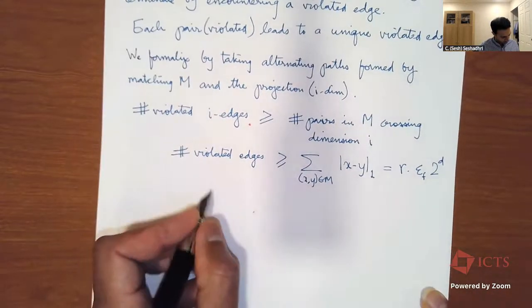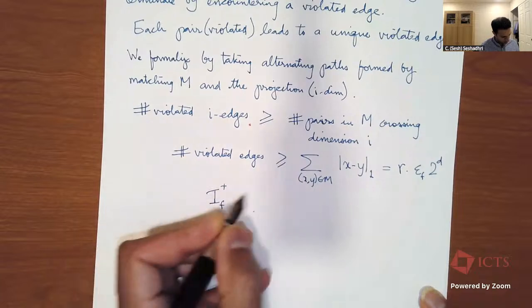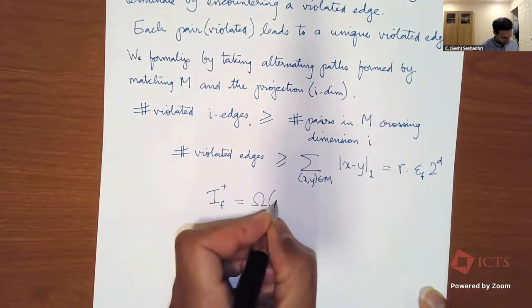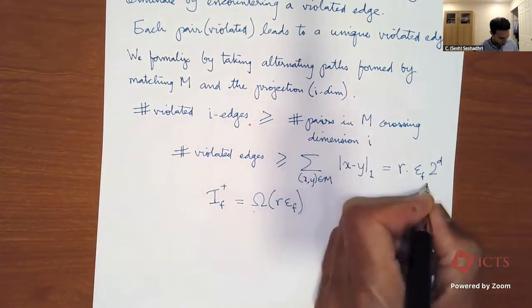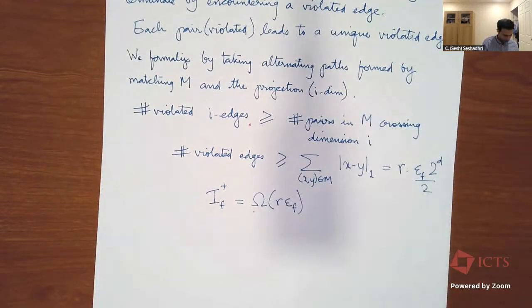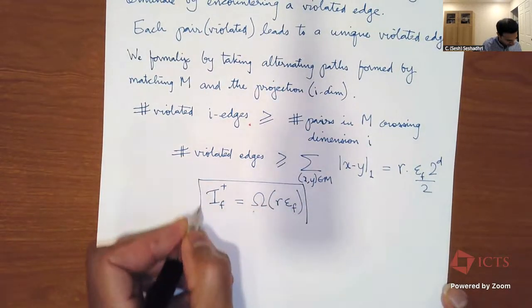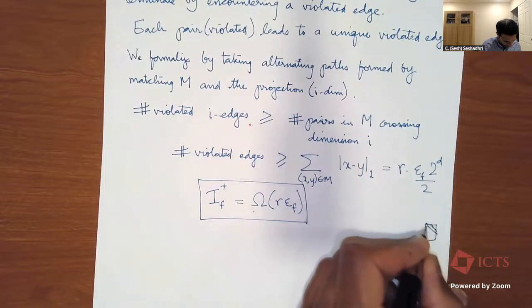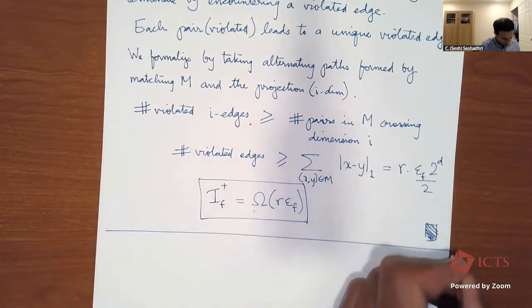And so by dividing, you get omega r. Maybe there's a divided by 2, there's a constant there. And so you get this strengthening of the Poincare inequality.